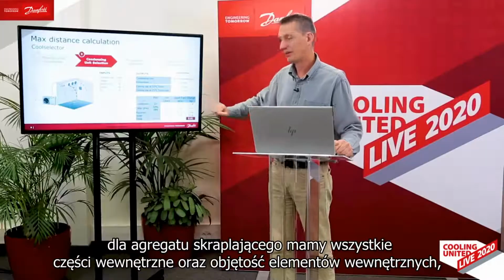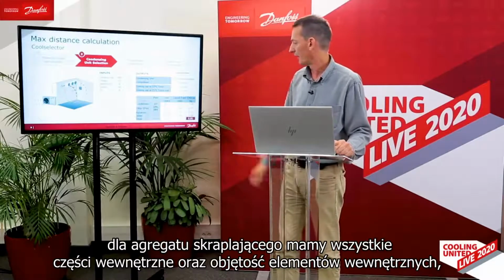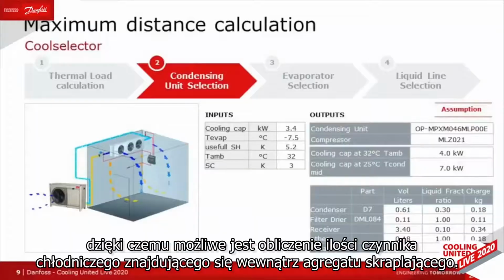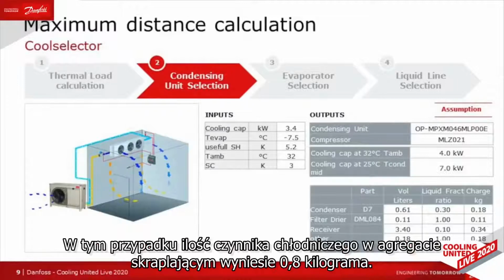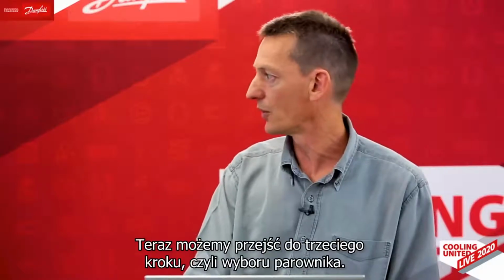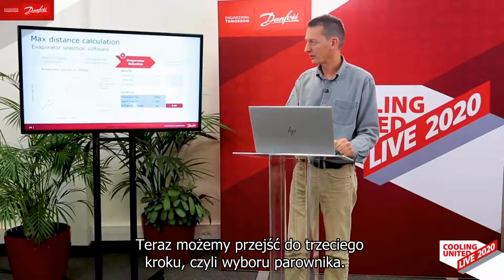Then comes with the condensing unit all the internal parts and the volume we have in the internal part. So we can make a charge calculation, the charge mobilized inside the condensing unit. And in that case, we come to 0.8 kilogram of refrigerant inside the condensing unit. Good, so now we can move to the third step, the evaporator selection.